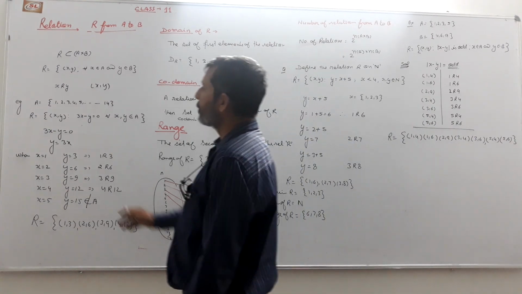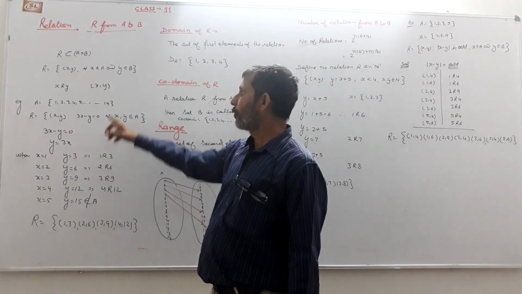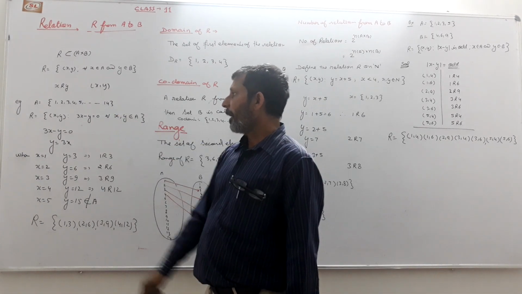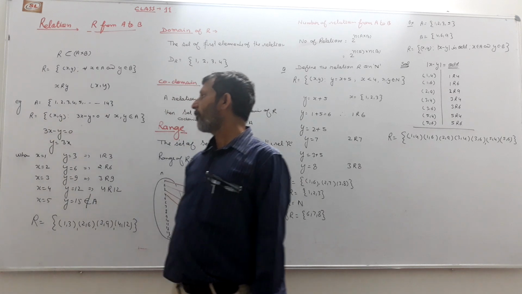For example, let us suppose that A is a set whose elements are 1, 2, 3, 4 up to 14, and R be the relation defined by x comma y.